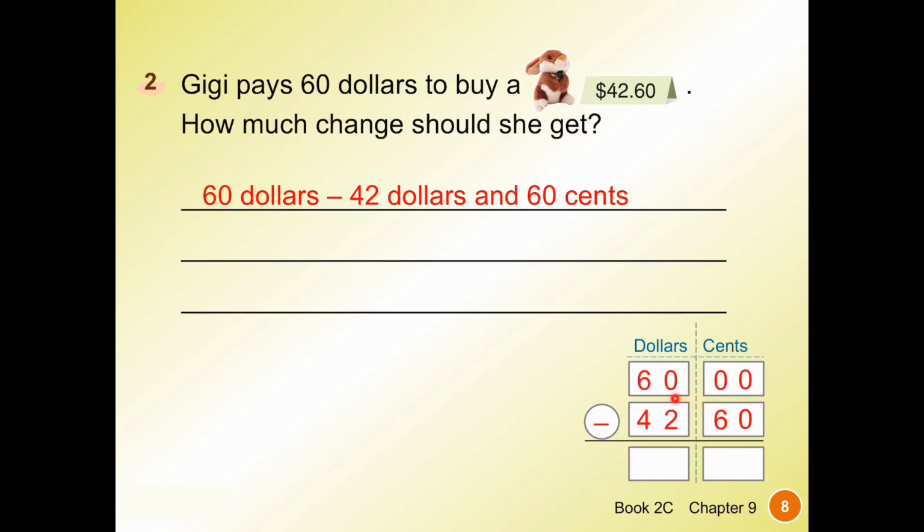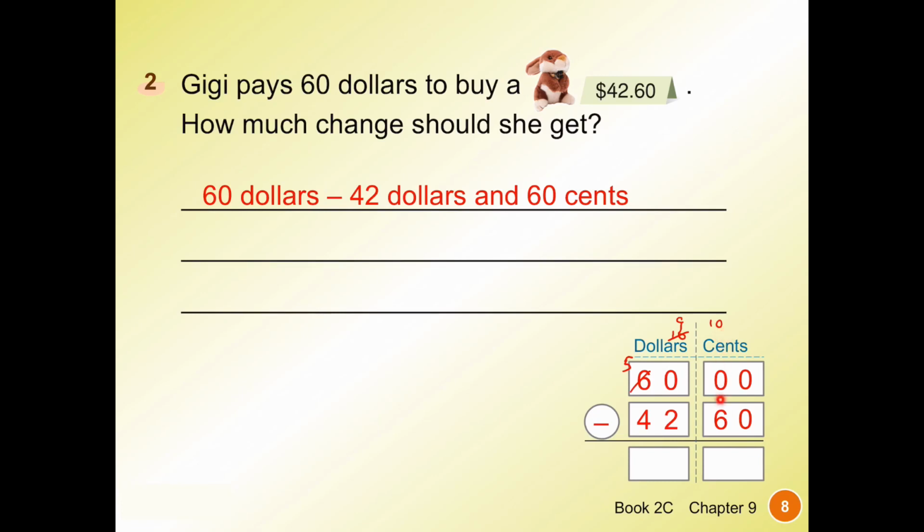So this is the same problem here, 0, 0, 0 up here. So that means we need to borrow 1 from the tens place. So after borrowing 1, 6 becomes a 5, and then we have a 10 in the units place for the dollars, and we need to borrow 1 dollar. We have 10 in the tens place for the cents part.